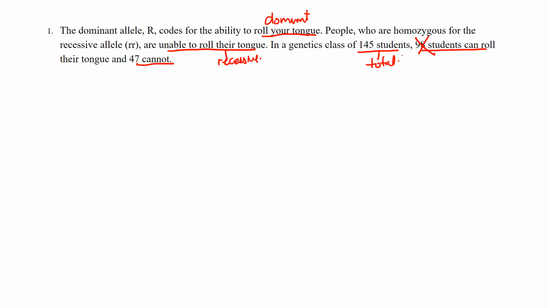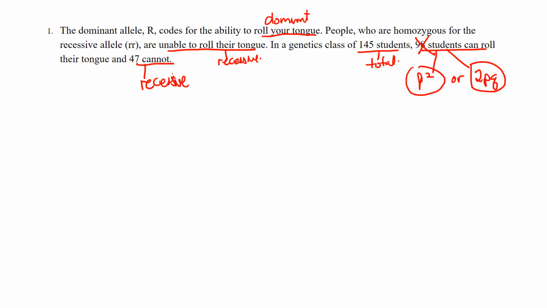But at this point, we don't know if these guys are P squared, which is homodom, or if they are heterodom. So we can't use that number 98 within our calculations because there are two potential genotypes. We need to isolate it to one genotype, and this is what we get when we look at the recessive right here.